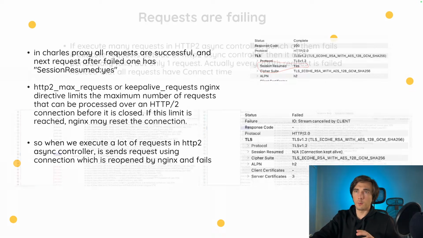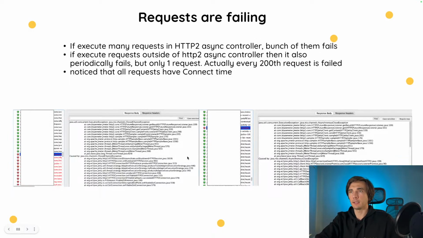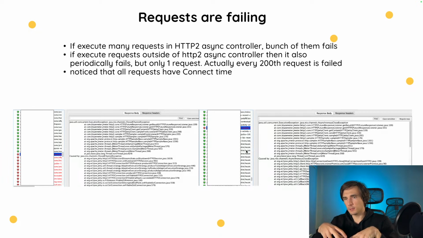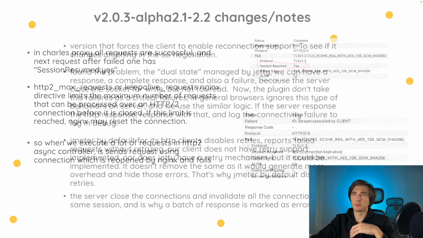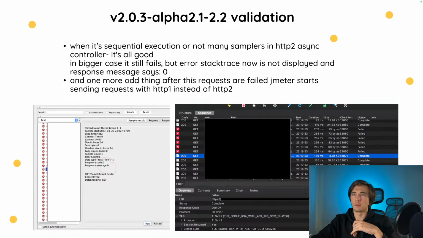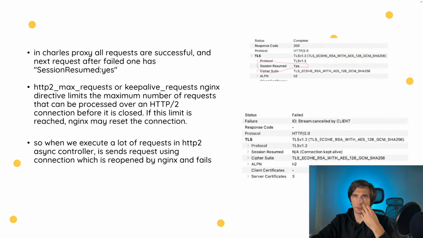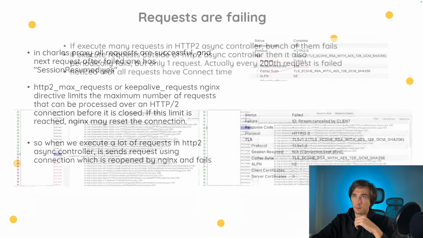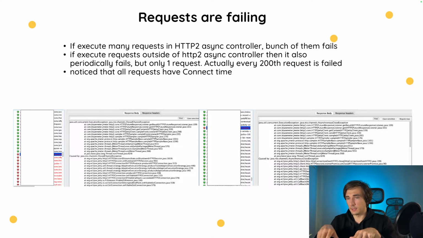And why in some cases do we have a lot of requests failed, and in other cases only one? Because when you have requests in the HTTP2 async controller, let's say you put inside it 250 requests, it tries to send all of them.